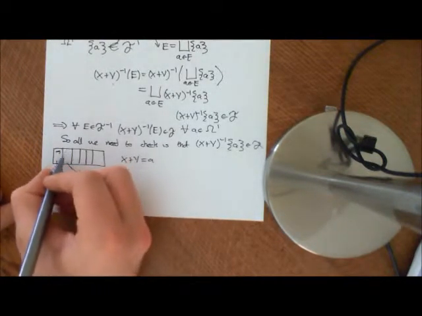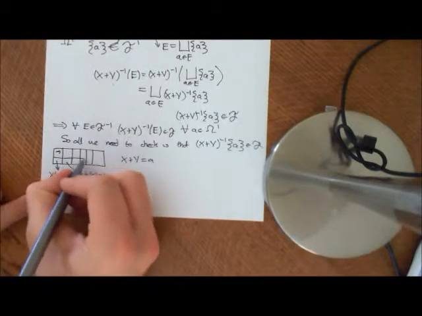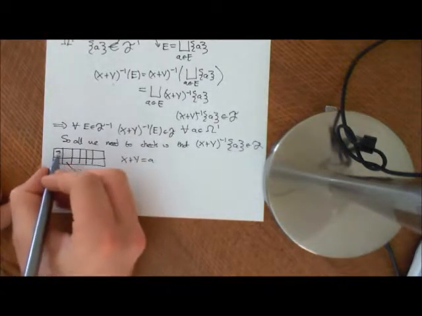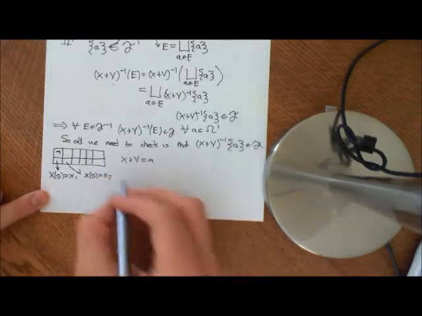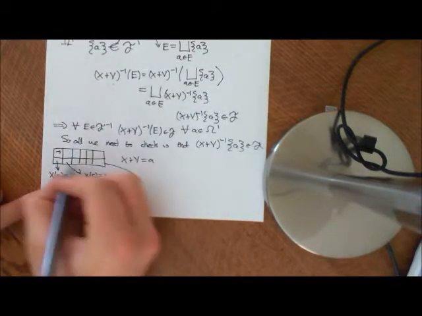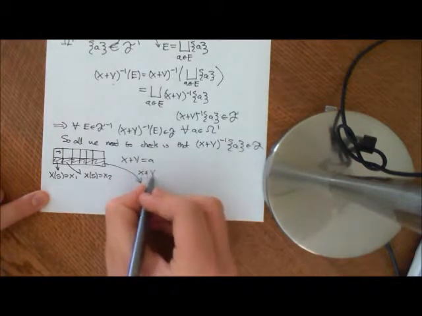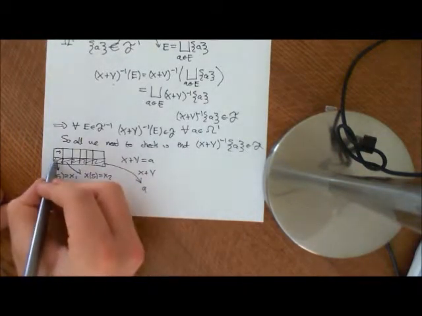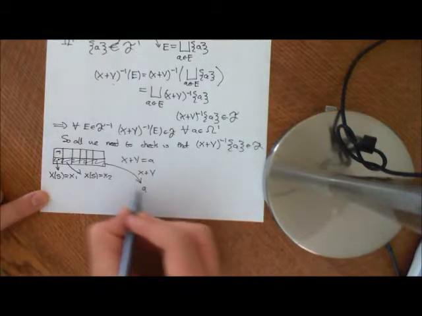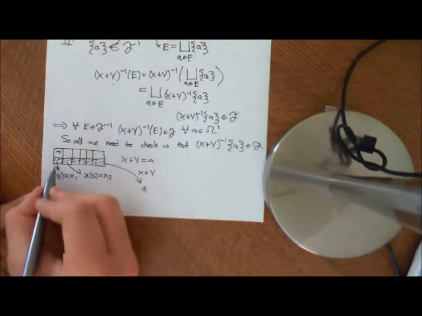If we divide it up like this, a subset of each of these sets is going to be mapped correctly onto a by x plus y. Now if you are in this set and you're mapped onto a, then your y value is set.